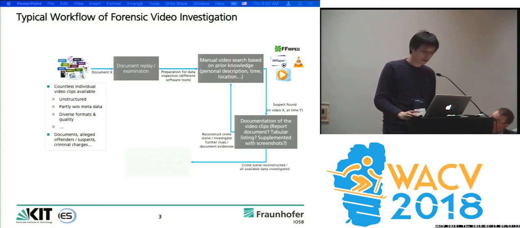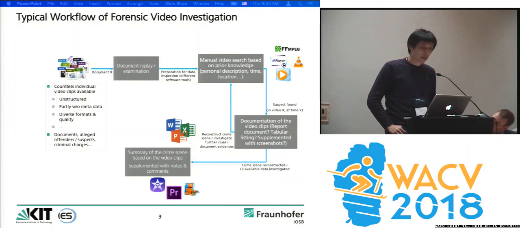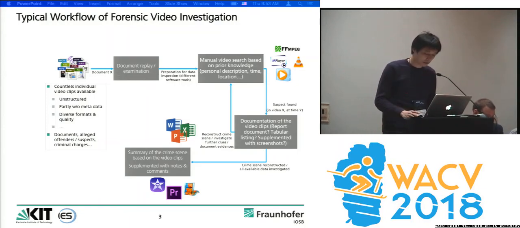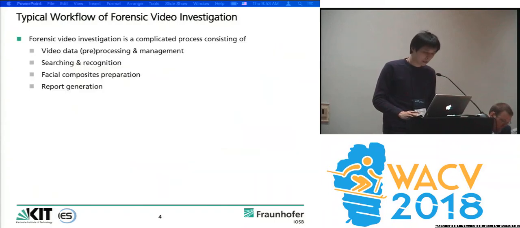Finally, if we have finished reconstructing the crime scene, we again use different tools to edit the video data and to add some documents using office tools. So at the end, we export the report, either to hand over to police authorities or for archiving.